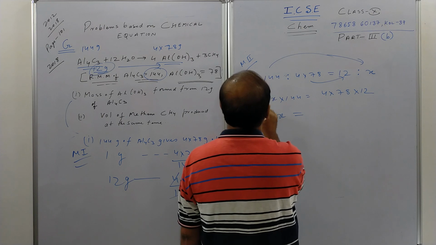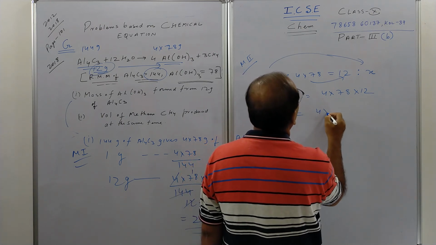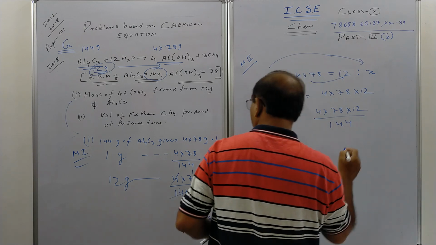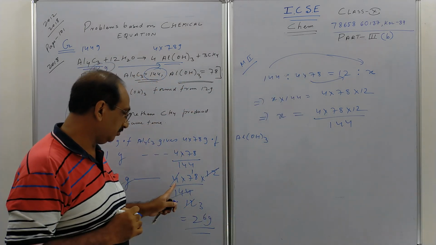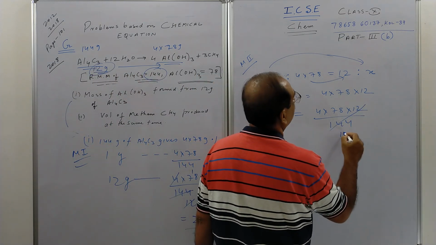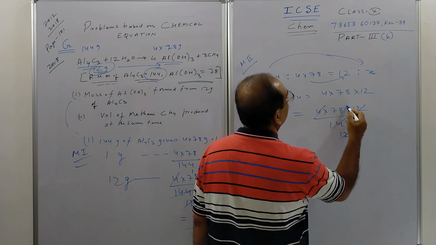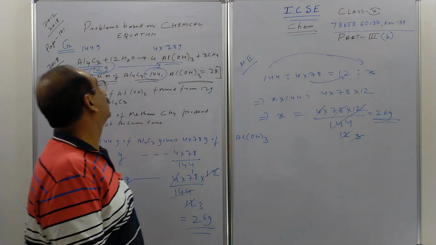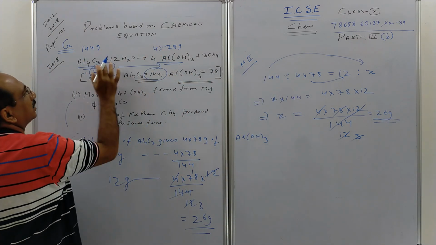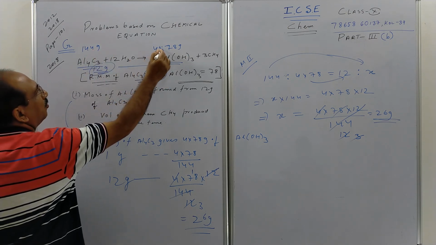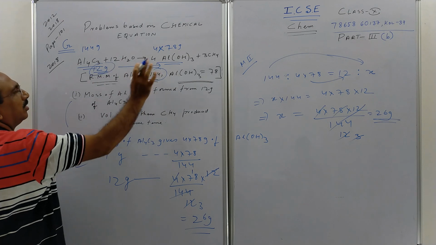So x is 4 into 78 into 12 by 144. Ultimately, children, you get the same thing. 12 12s are 144, 3 4s are 12, and if you cancel, 26 grams. So three things are there: two we get from the equation, one is given, the fourth thing we find. 144 gives 4 into 78, 12 will give how much?